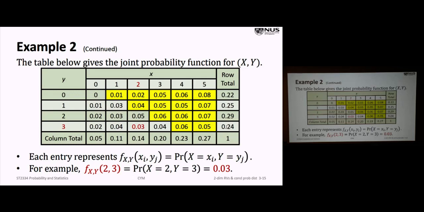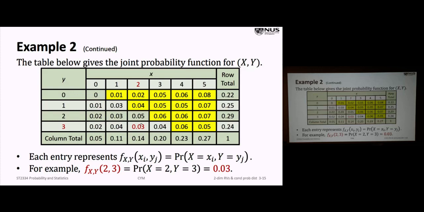Now, if I want to find the probability mass function of x, I do a different thing. Here I fix x as 0, and I want to find the probability x is equal to 0. So I do 0 plus 0.01 plus 0.02 plus 0.02, which is 0.05. The probability that x is 3 is 0.05 plus 0.05 plus 0.06 plus 0.04, which is 0.2.